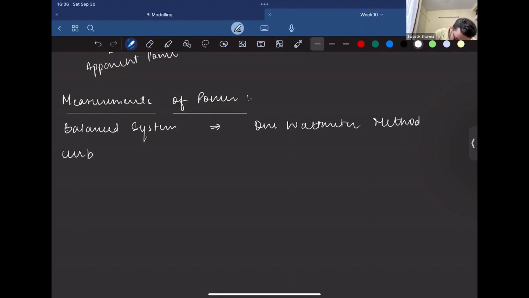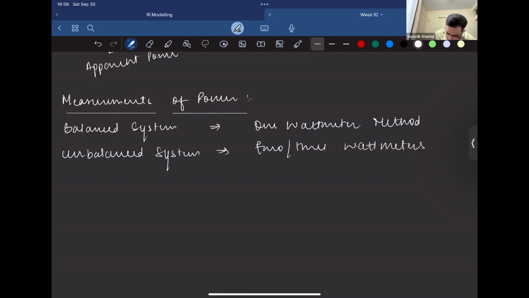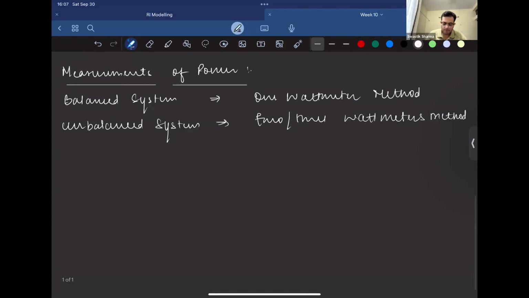And for unbalanced, there is the two or three wattmeters method. As you can notice, for a balanced system, if we use only one wattmeter between the phases, we can calculate the power for the whole circuit. But for an unbalanced system, where the voltages and currents are not 120 degrees apart, two or three wattmeters are at least needed, right?